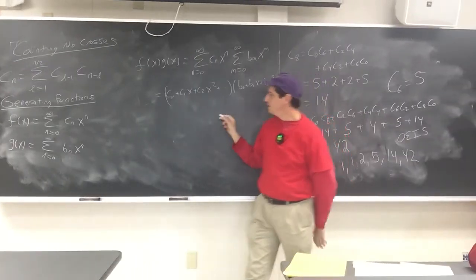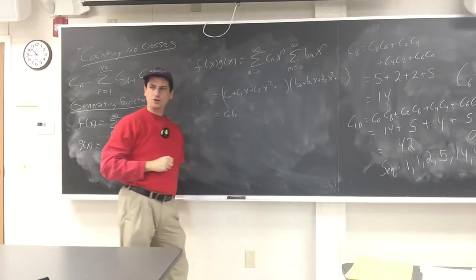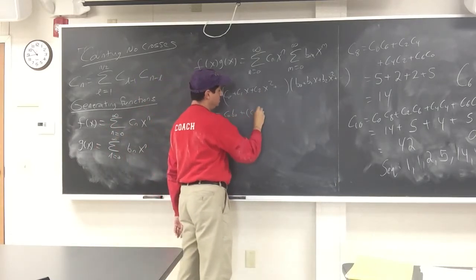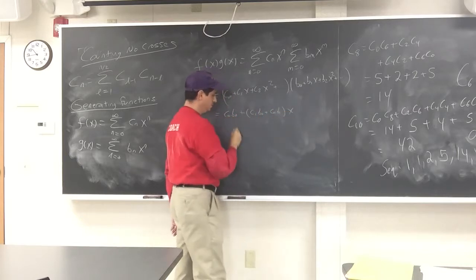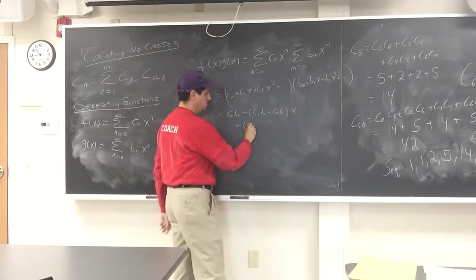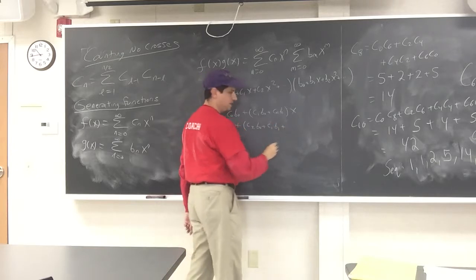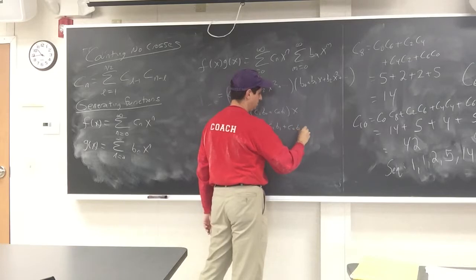And so now when I multiply things out, I'll get c0 b0 as the constant term. For the x term, I'll get c1 b0 plus c0 b1 times x. The x squared term will be c2 b0 plus c1 b1 plus c0 b2.